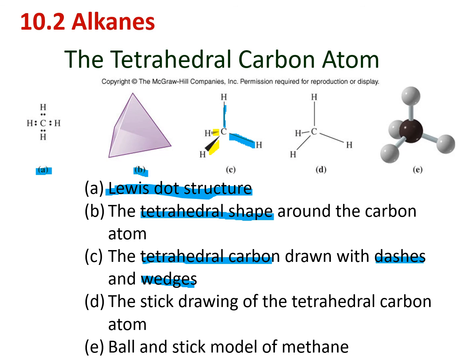And the simplified version of this one is simply the drawing of the tetrahedral carbon atom, known as the stick drawing. D is showing us the stick drawing, in which there are no wedges, simply the same four bonds with hydrogen. So it does not give us the complete information about the 3D structure.